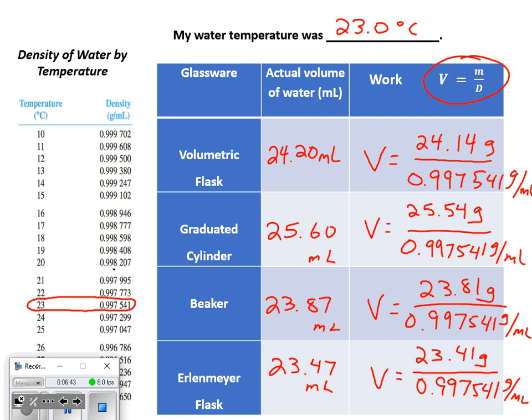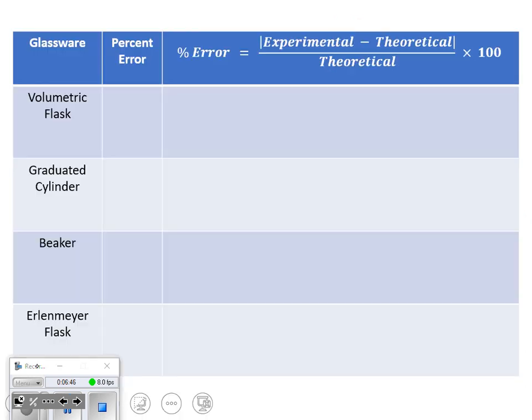I'm going to go on then to my percent error. I know theoretically that I was supposed to have 25 milliliters, correct? Based on our theoretical value, we're going to use that as 25.0.